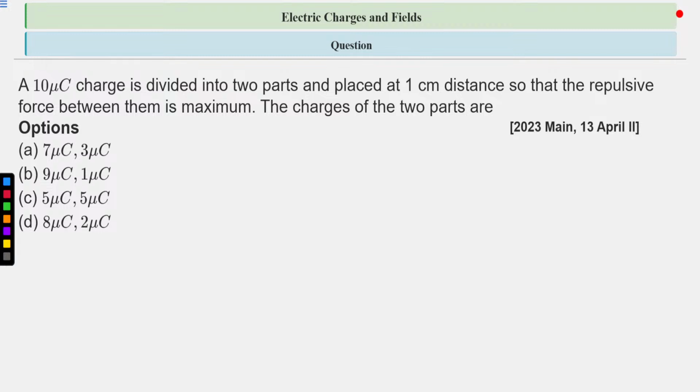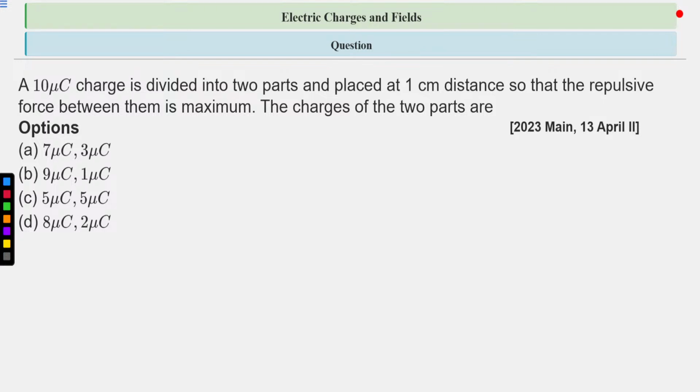The charges of two parts, okay, 5 and 5 microcoulomb is one combination, but we can divide, it is not written that they are equal parts, so we have to find the maximum.